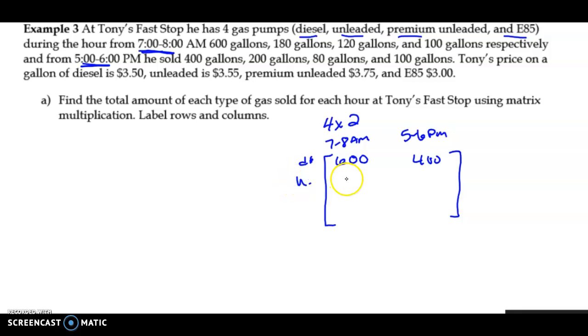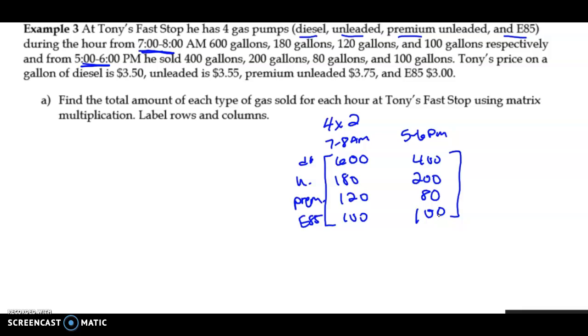There was 180 gallons from 7 to 8, and 200 gallons from 5 to 6. Then we've got premium unleaded. There was 120 from 7 to 8, and 80 from 5 to 6. And finally, E85. 100 from 7 to 8, and 100 from 5 to 6.